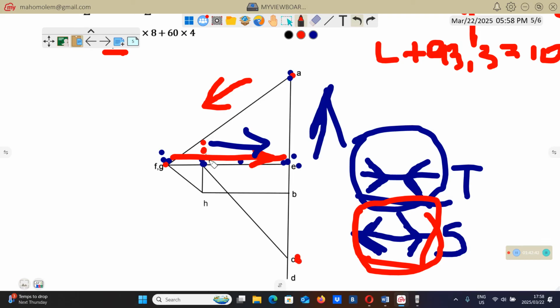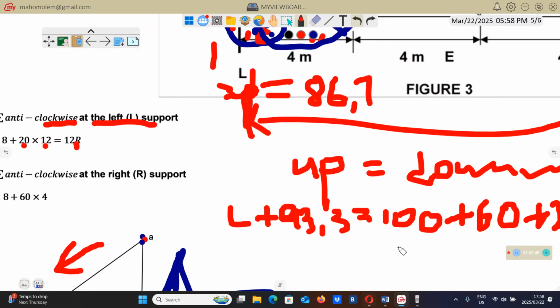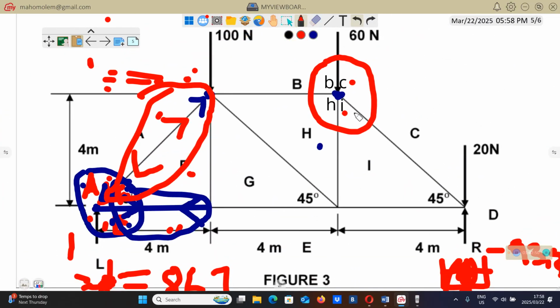So from C to I, you'll be taking this direction. So I'm going to draw the very same direction like this, up. And if on the other end of this member the direction is up, on the other end the direction will be down.